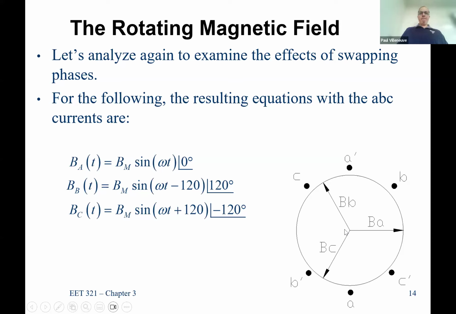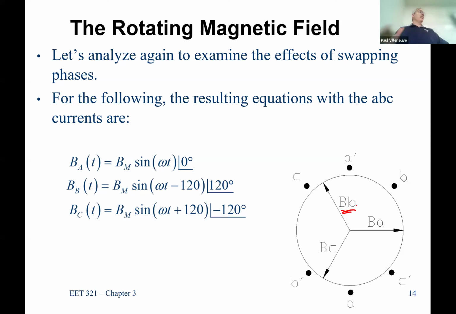So what happened? Well, the process is the same. Our fingers point in the direction of current, thumbs point in the direction of magnetic field. That's B sub A. B sub B was originally going down. Now when we do B sub B, we wrap our fingers around, and it is now going up in this direction.